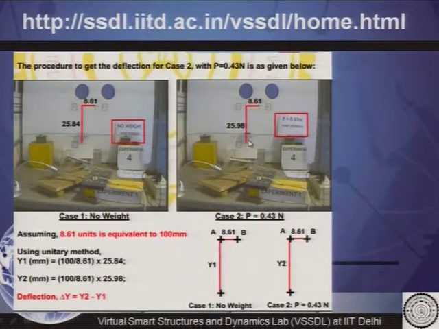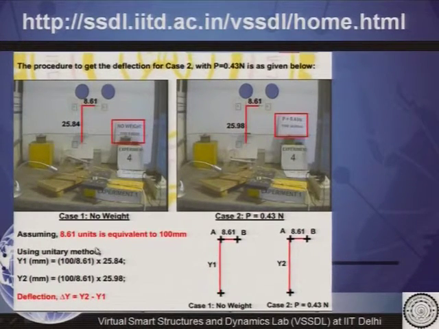So, again he will relate this length with the 100 mm length and get an equivalent length which we have designated as y2 for case 2. So, the deflection for the first case, when there is no weight and when the first weight of 0.43 newtons is kept on the beam, can be calculated by this formula: delta y is equal to y2 minus y1.